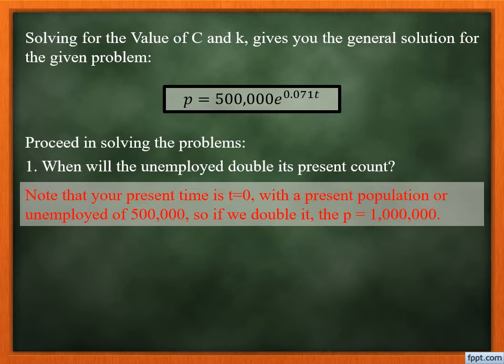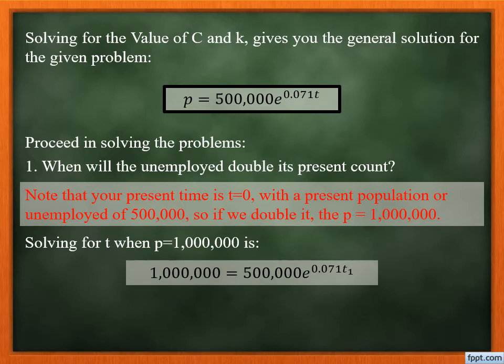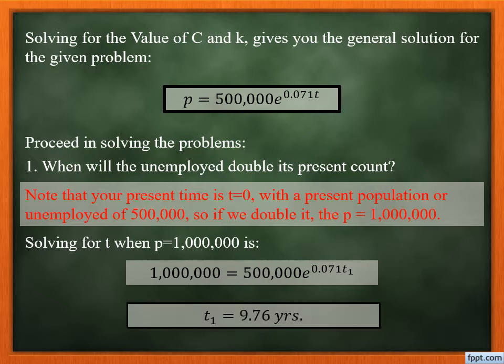Substituting that to the general mathematical model, P is equal to 1 million. So 1 million is equal to 500,000 e raised to 0.071 times t sub 1. You can directly use your calculator to solve this. You will have your t sub 1 is equal to 9.76 years.